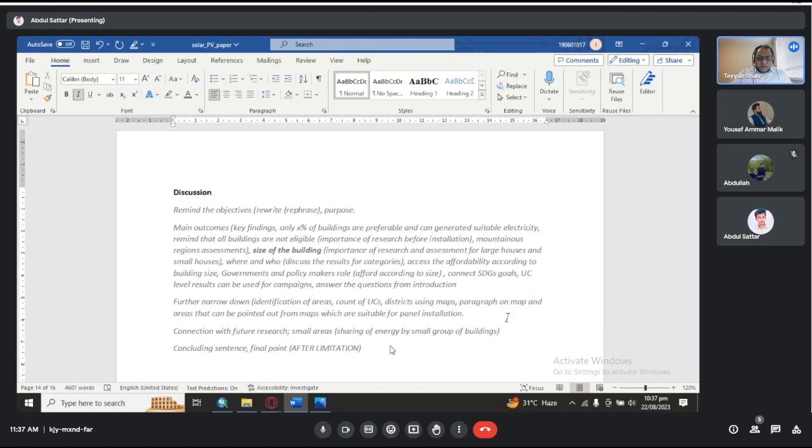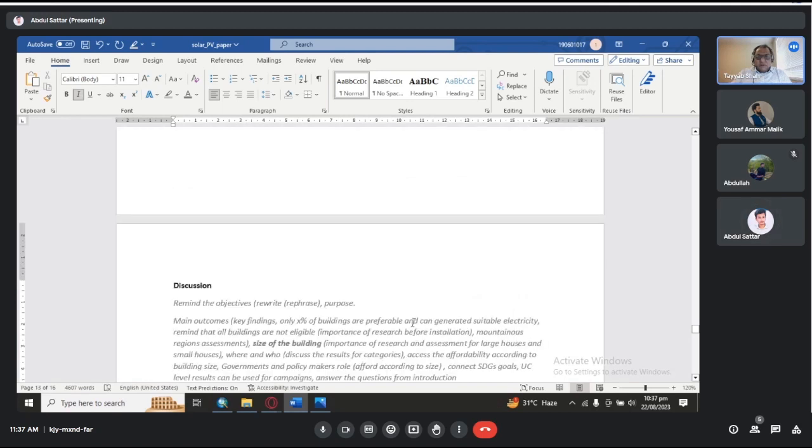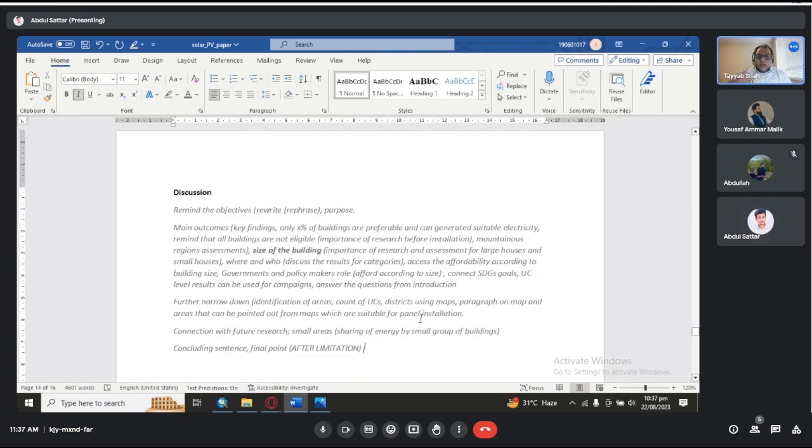Sattar, you are going to be the first author, so you will make the first attempt and give the final draft from your side. Abdullah and Nasir will go to the next round, and then I'm going to read it last. We have almost two more rounds once we have a first draft.